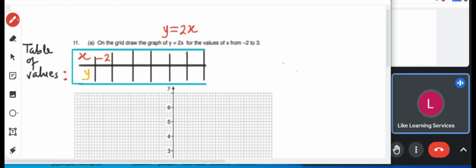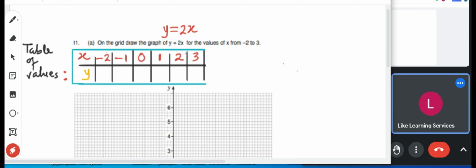After minus 2, you should have minus 1, then 0, 1, 2, and 3. Do you remember the number line?